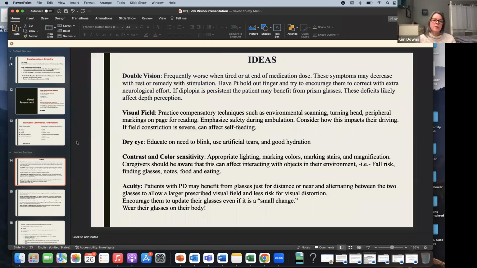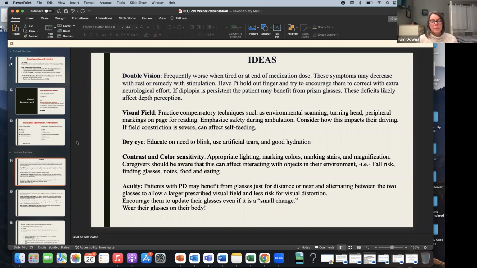And if the field constriction is severe, then it can start to affect self-feeding. You'll see in someone with very severe PD that also has visual field loss, they may pause with their food before they get to their mouth because it's out of their visual field, and then they have trouble finding their mouth with their food.